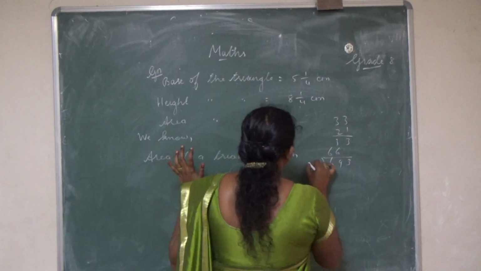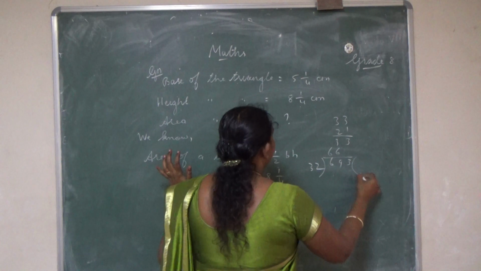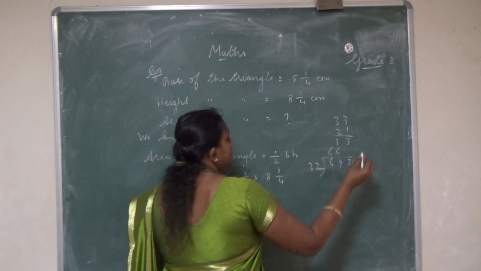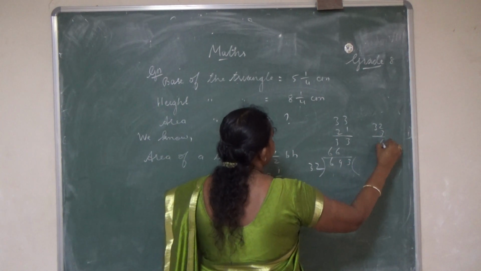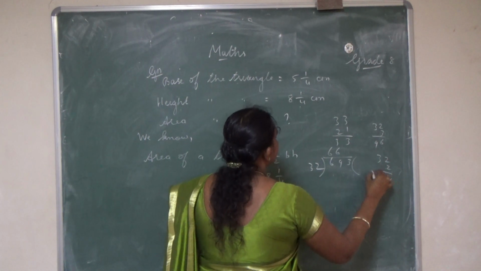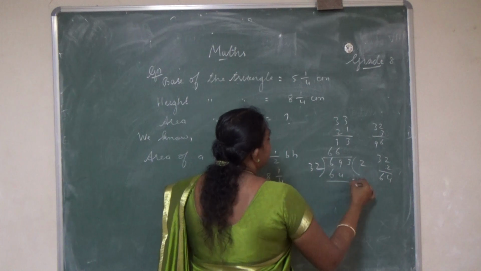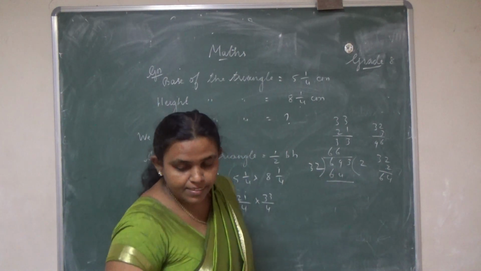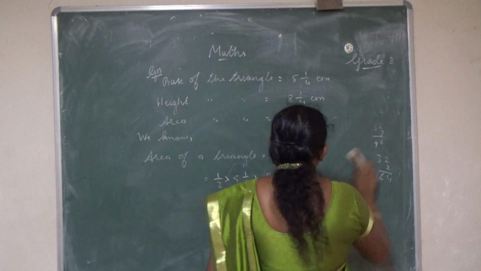So 693 divided by 32. Will you find out 32 3s are 96, 32 2s are 64. Am I right? Yes.